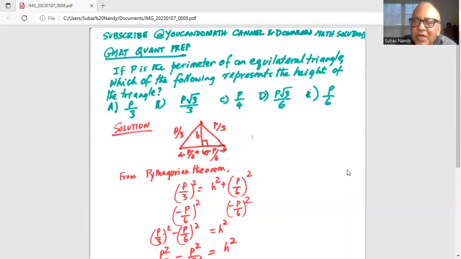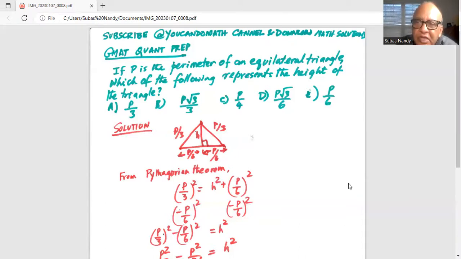Now I will apply the Pythagorean theorem. So my hypotenuse square, which is P over 3 square, is equal to the sum of the squares of the two other sides, so H square plus P over 6 square. Now I will subtract P over 6 square from both sides. Why?